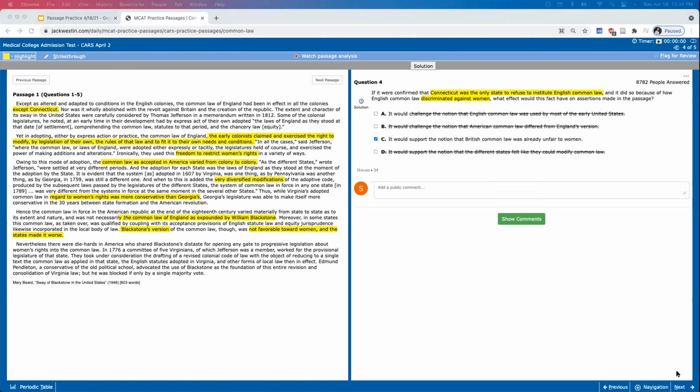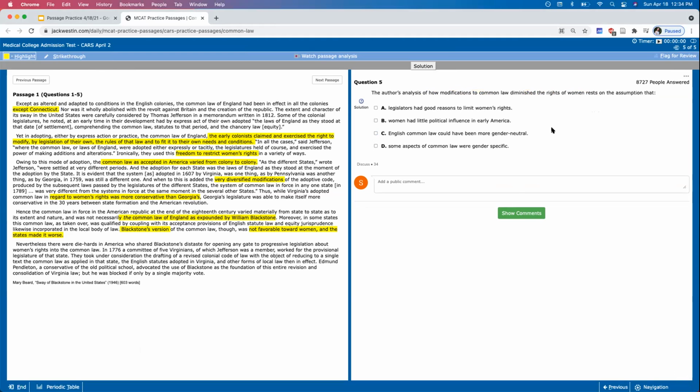Okay, question 5. So the author's analysis of how modifications to common law diminish the rights of women. What do you guys think? B and D. Okay, great.